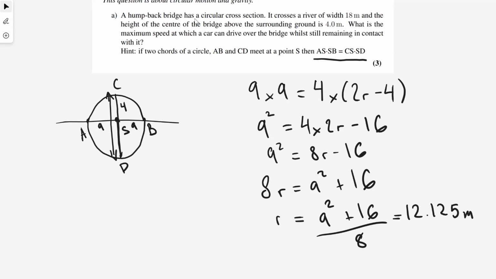So our radius of the bridge is now found.